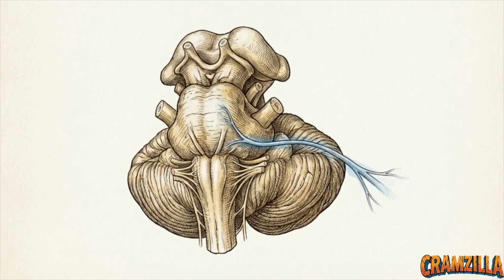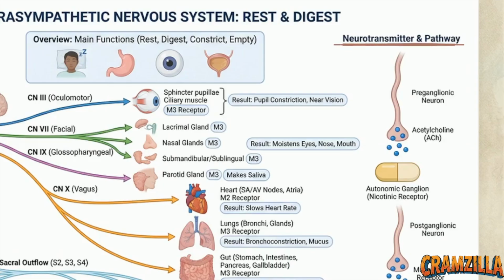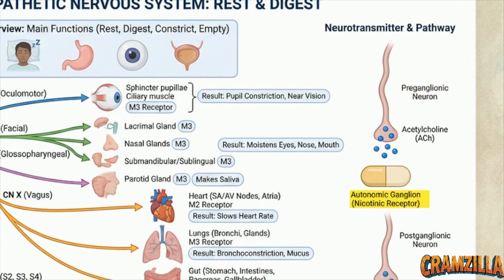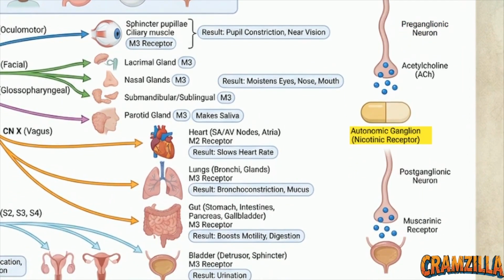Every signal begins with a preganglionic neuron exiting the central nervous system. On this isolated column of our map, we see the first relay. The preganglionic neuron projects outward and releases acetylcholine onto an autonomic ganglion. At this ganglion, the receiving hardware is universally a nicotinic receptor, specifically the NN subtype. When ACH binds here, it triggers rapid depolarization, continuing the electrical signal.